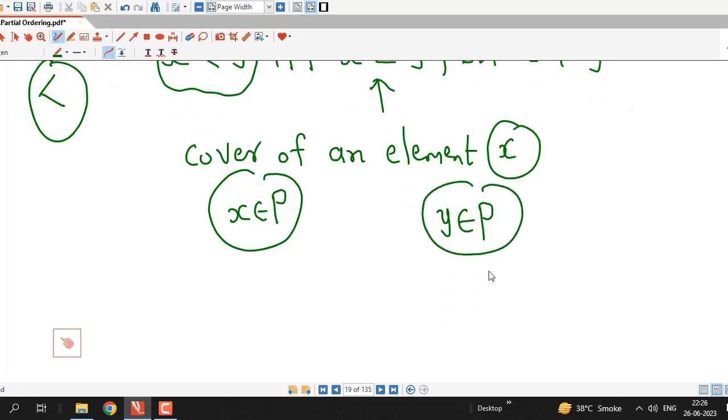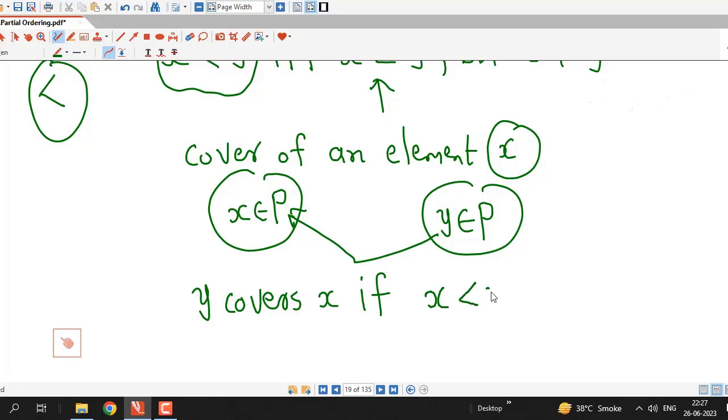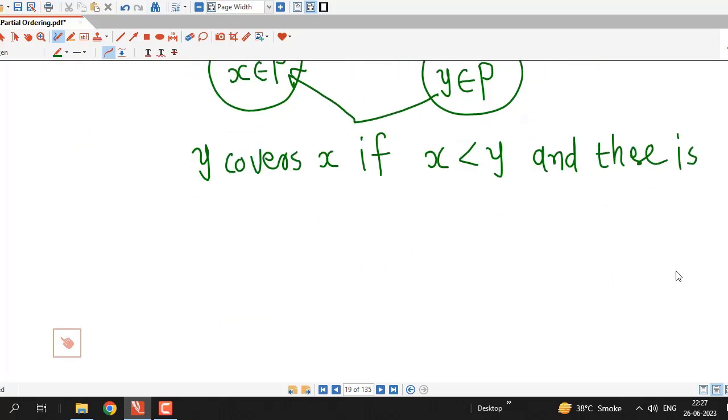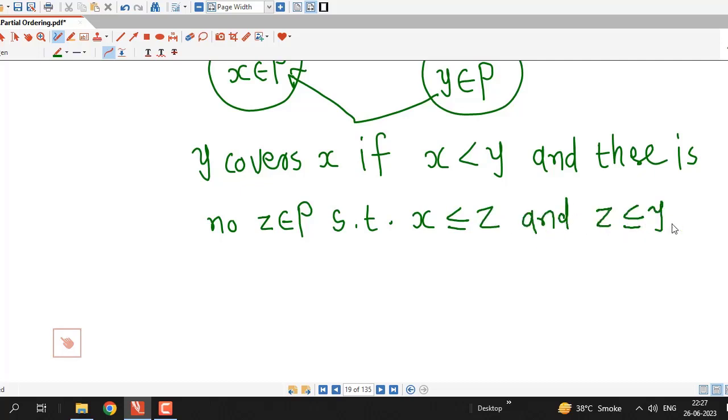We say that y is a cover of x, or y covers x, if x is less than y and there is no z in P such that x is related to z and z is related to y.